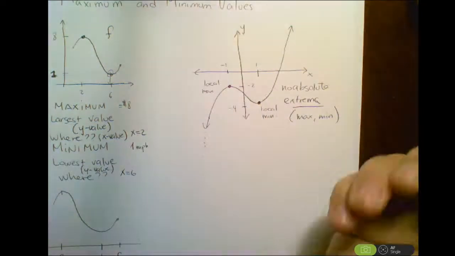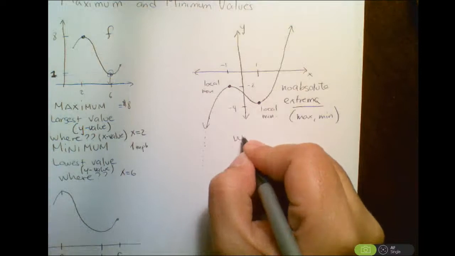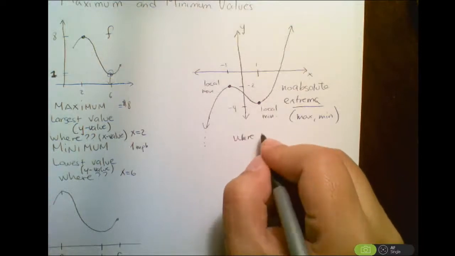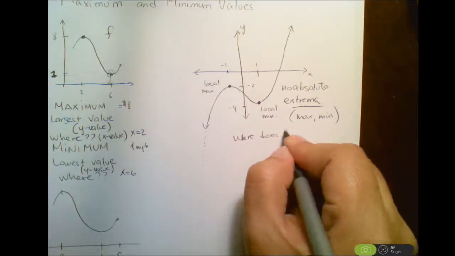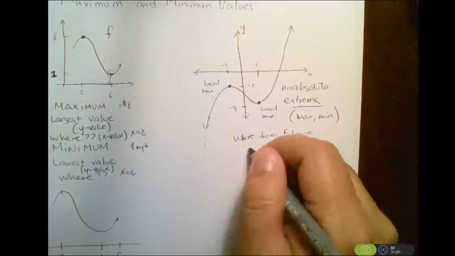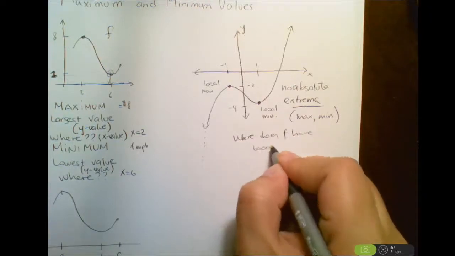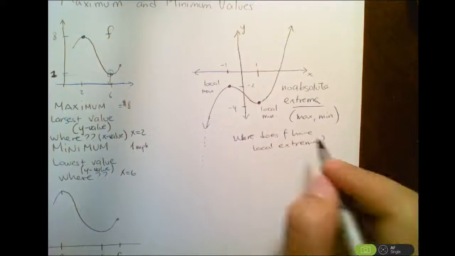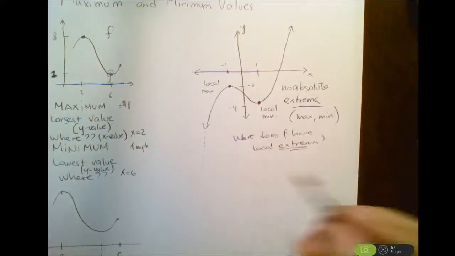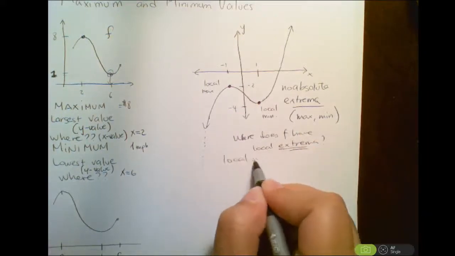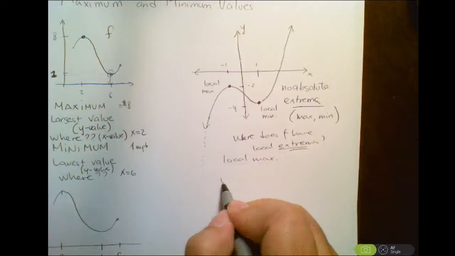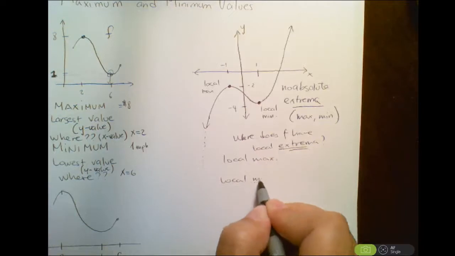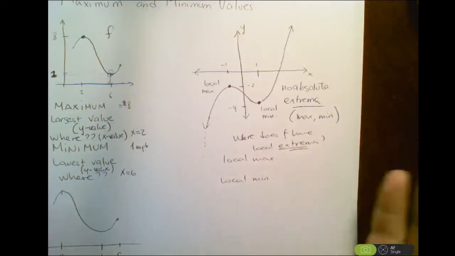So again, where, I forgot the h, where does f have local extrema? So you have to be specific. If they ask you for local extrema, then you have to say local maximum, and then you have to say local minimum, and then you have to say how much those are.